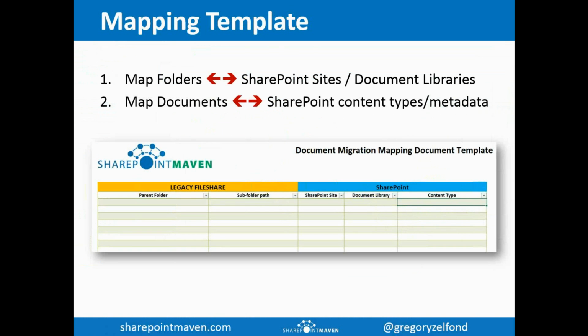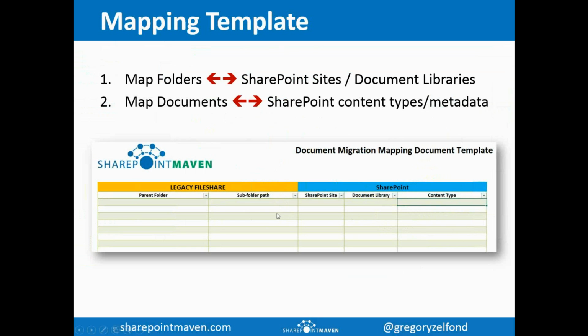And there are many different techniques. If you are using a third-party tool to migrate, usually they can assist with mapping things in terms of the templates, to map things from your file shares to your new environment.